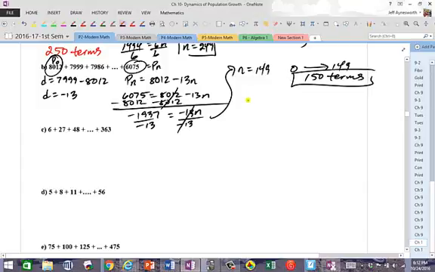So S of 150 is equal to first plus last, which is 8,012 plus the last one, 6,075, excuse me, times 150, divided by 2. And you do the whole thing on your calculator here.